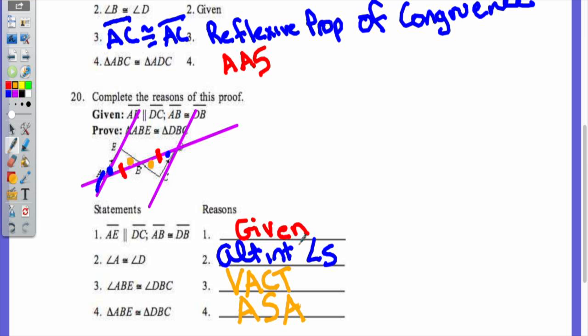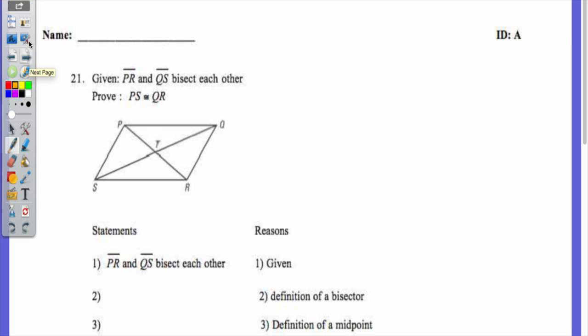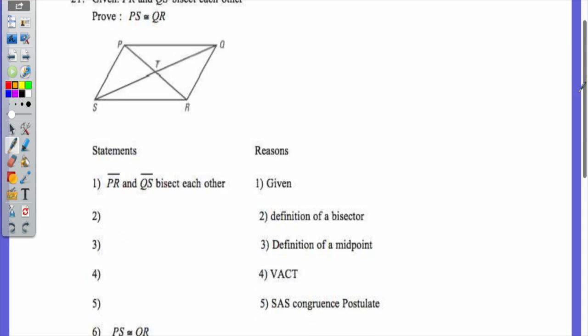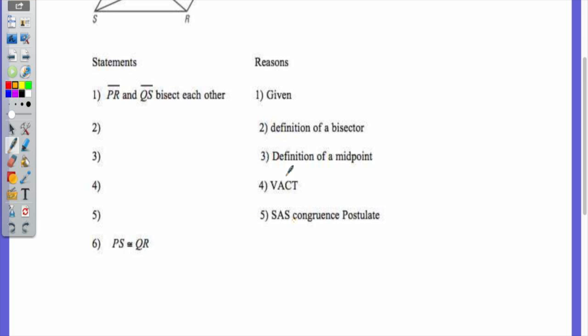Okay. So the last one we're going to do, notice, are we proving that triangles are congruent? No. But if you look here in the proof, we prove triangles are congruent, and then we have one more step. We should start seeing a pattern.